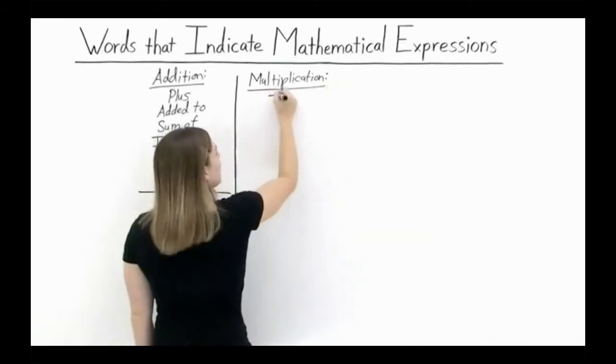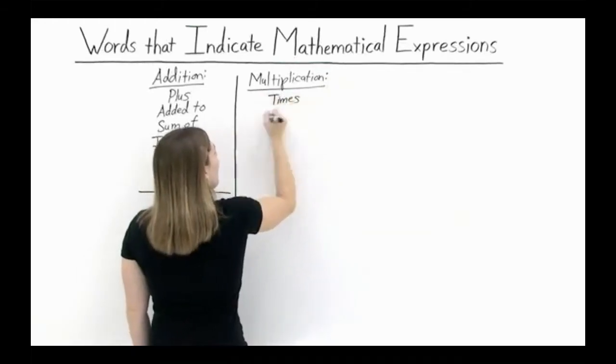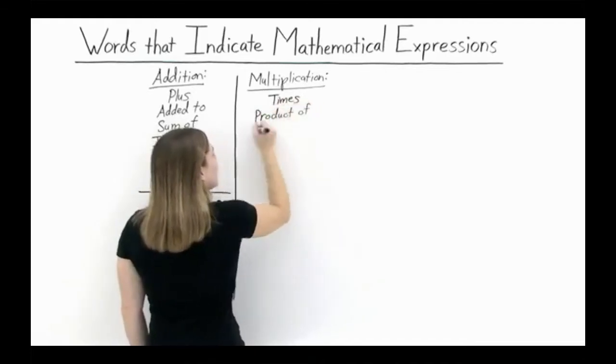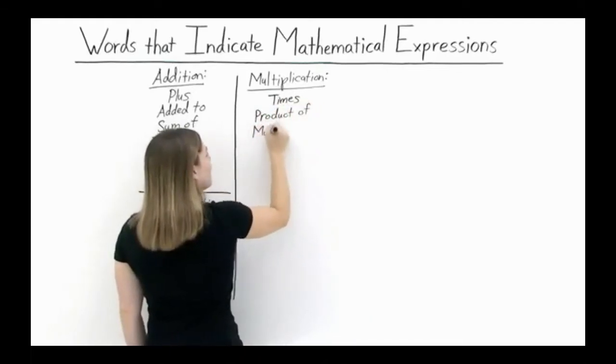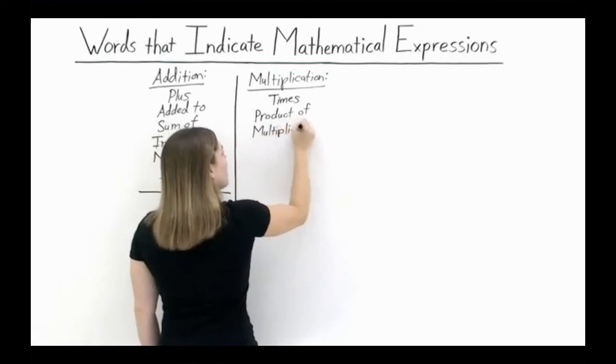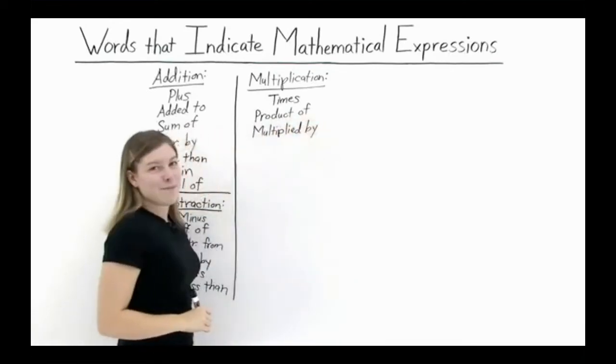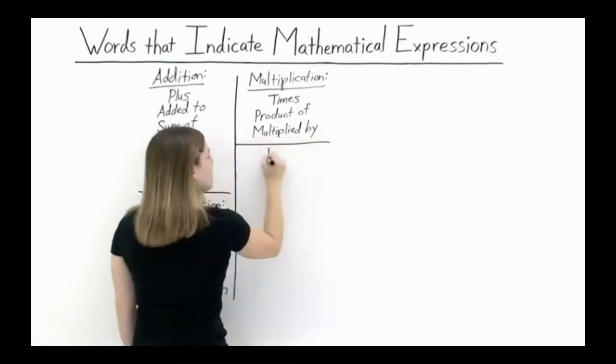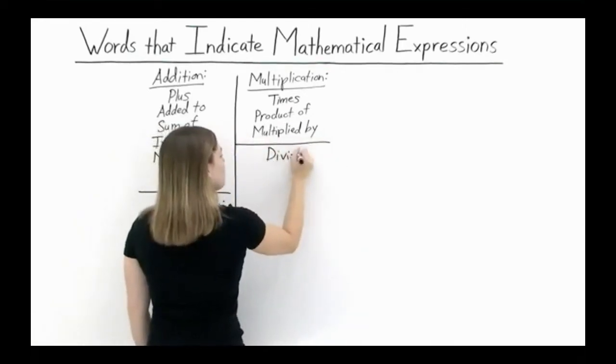First, we have times, then the product of, and finally, multiplied by. Seeing any of these words means that we need to multiply. Now division. When we see these words, it means that we are supposed to divide.